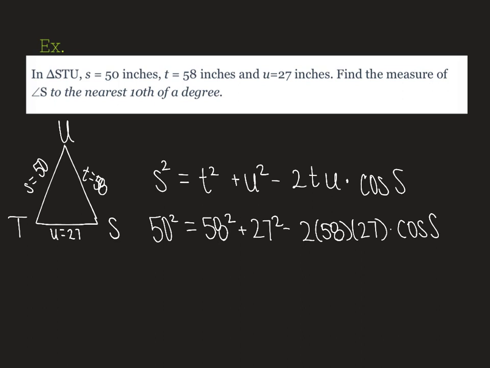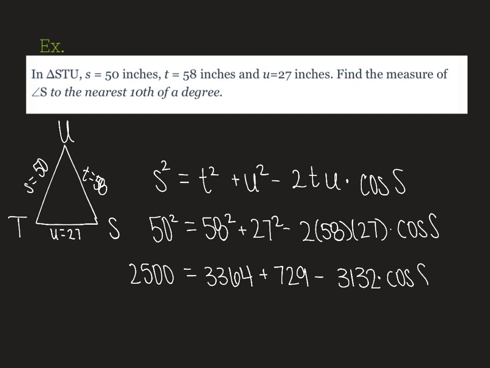So we can rewrite 50 squared as 2,500. Then we have 58 squared, which is going to give us 3,364, plus 27 squared, which is going to give us 729. We can multiply 2 times 58 times 27, and we're going to get 3,132, and that's going to be multiplied by our cosine of S.